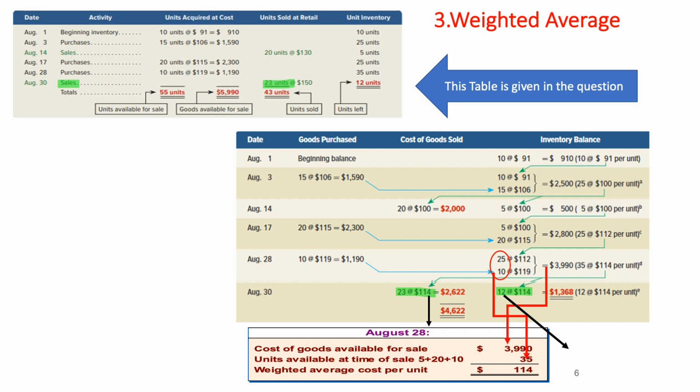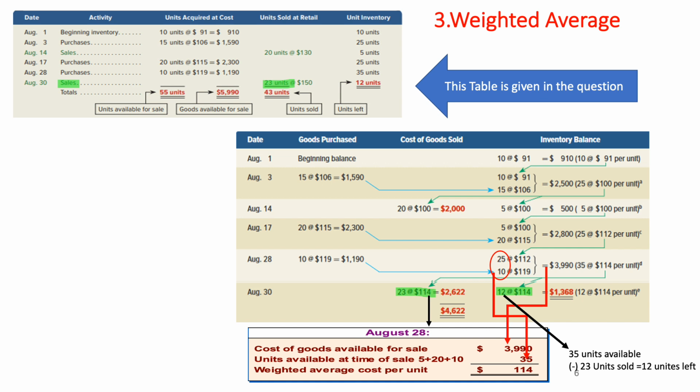When you divide it, my weighted average cost per unit is 114. Then I'm going to multiply the 114 by 23, because the company sold 23 units. So in the cost of goods sold, I'm going to say 23 multiplied by 114, and I get here 2,622, which is the cost of goods sold.